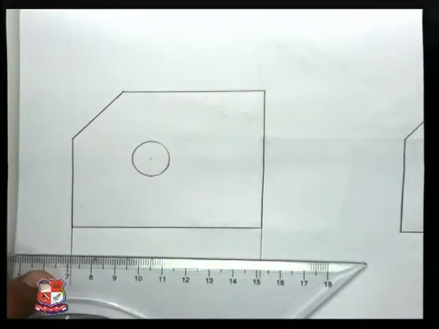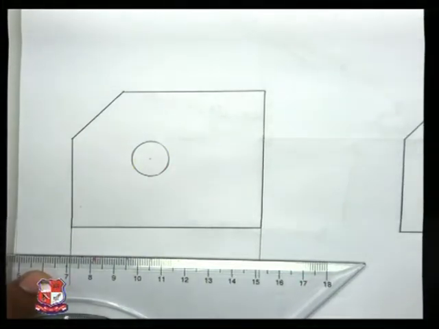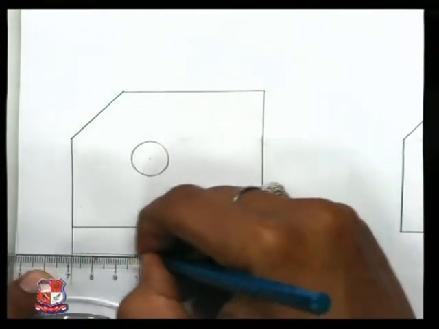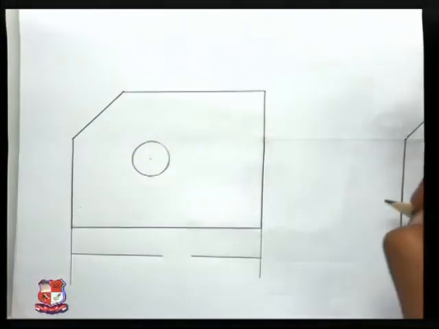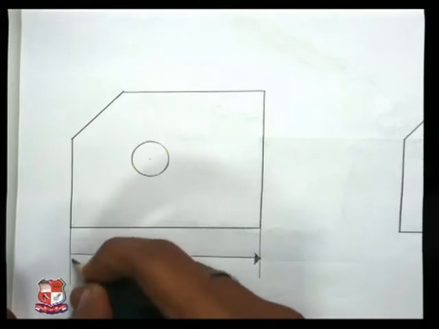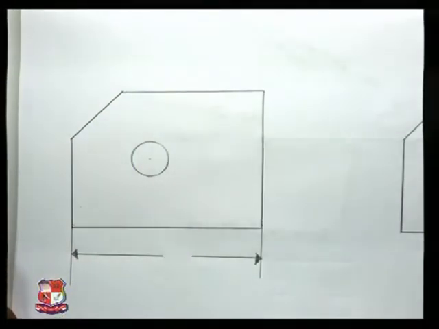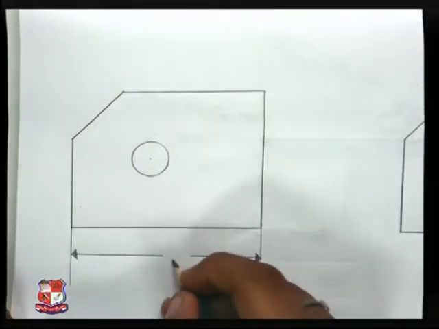Now what I am going to draw is called dimension line, but in unidirectional method, dimension line would be broken in the middle like this. Closed filled arrow on both the sides. Dimension value will be written in the break space.